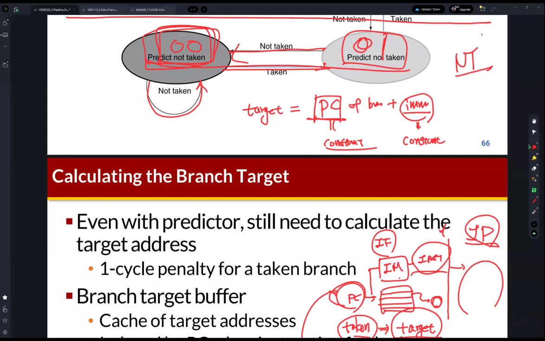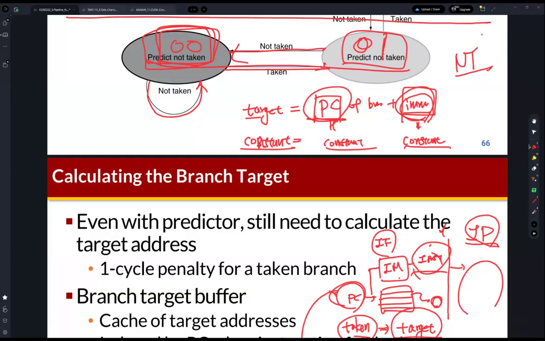So what does it mean? We know the PC, and the immediate value is a constant, since it is in the instruction. Then the target of a branch instruction is also a constant value, which means once the target of a branch instruction is calculated, we know the next target.